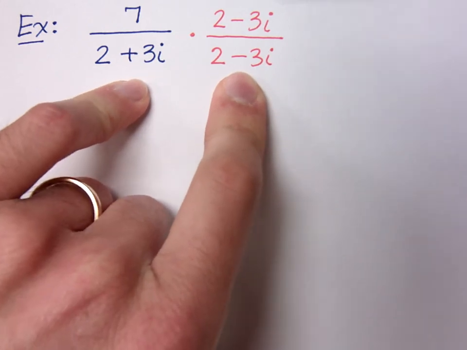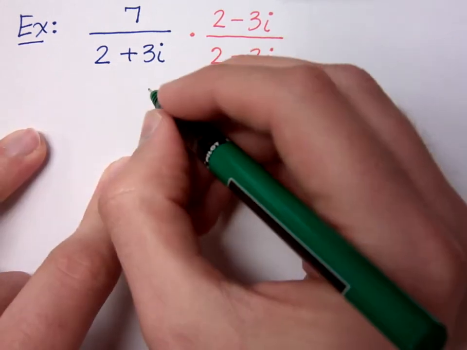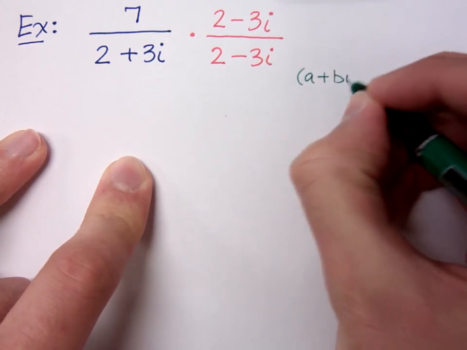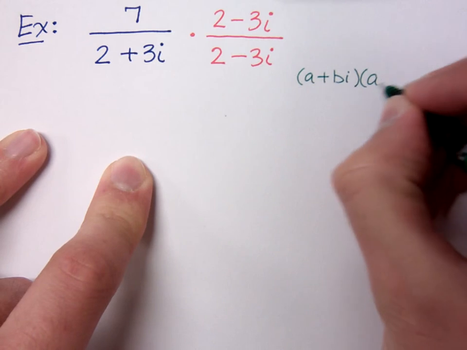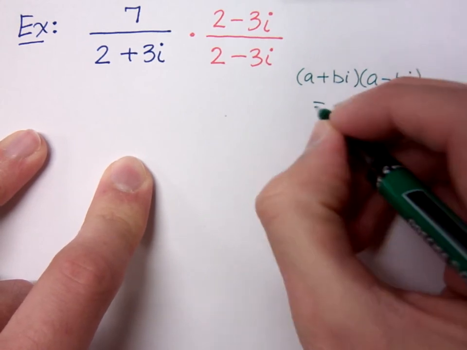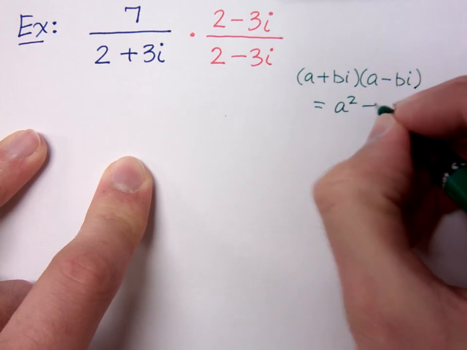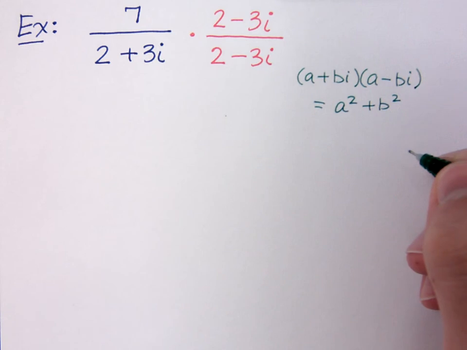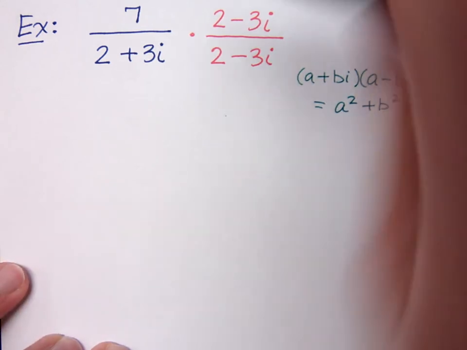As we saw in the other video, when you multiply things of the form a plus bi times a minus bi, it will give you the sum of squares, a squared plus b squared. So that's going to make sure that your denominator doesn't have any imaginary stuff in it. So let's go ahead and take care of that.